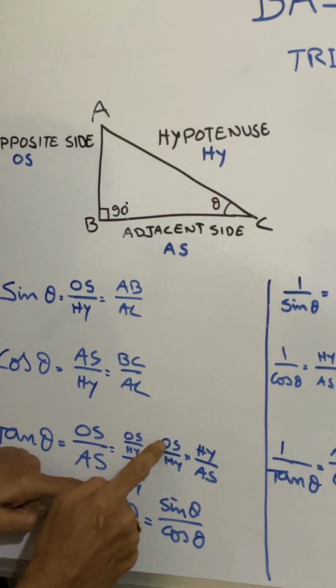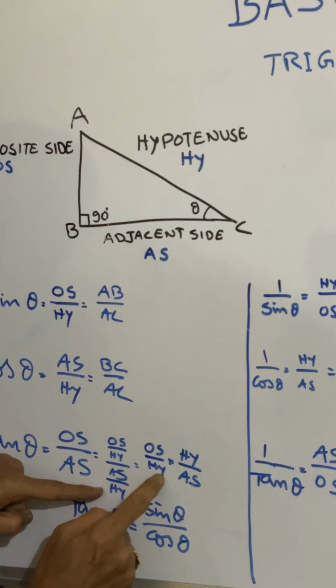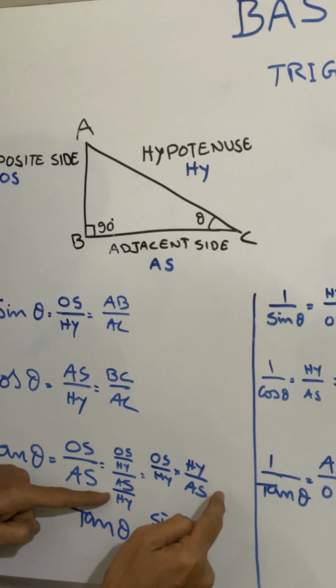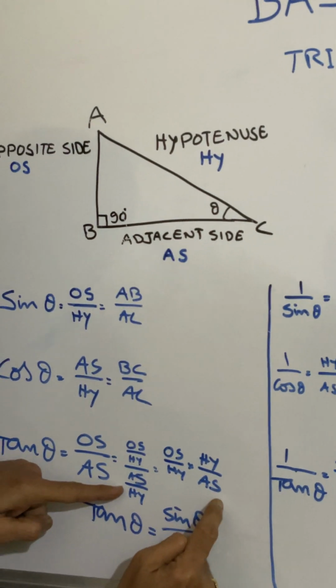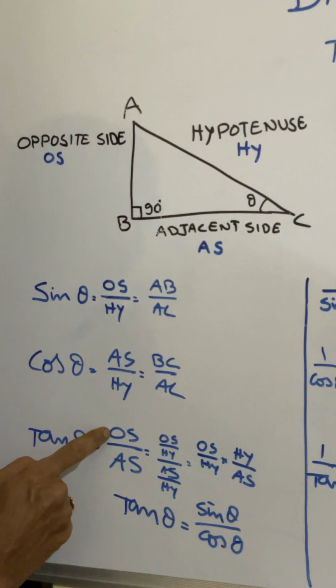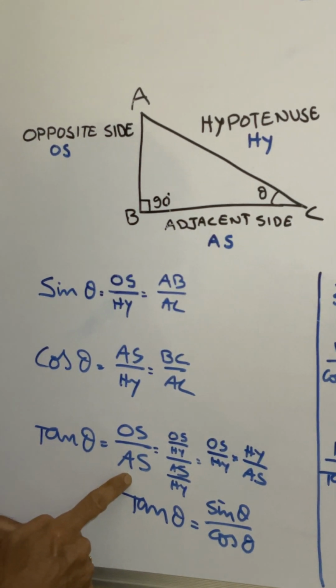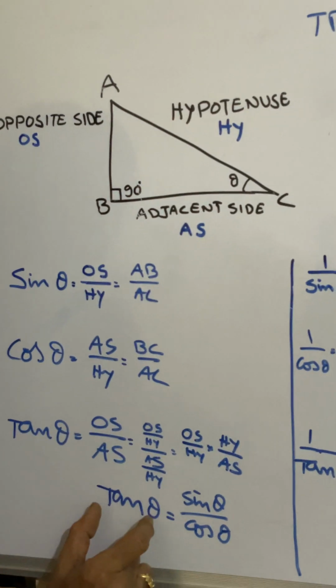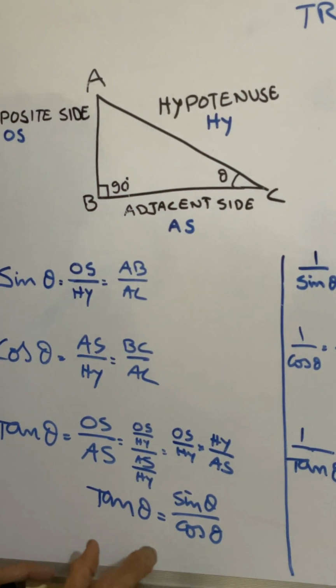We can write this as opposite side by hypotenuse into the reverse of this fraction, hypotenuse by adjacent side. If you cancel these two, again we get opposite side by adjacent side. That's why sin theta by cos theta is equal to tan theta.